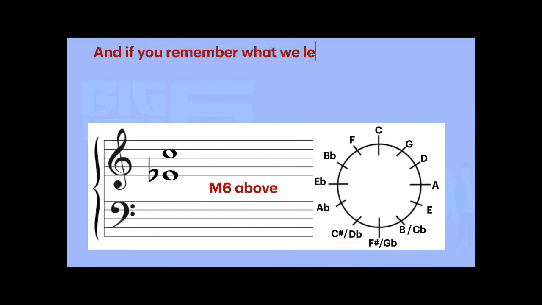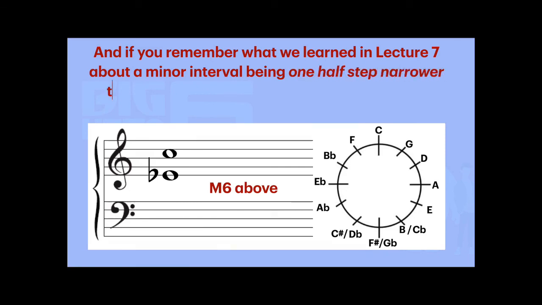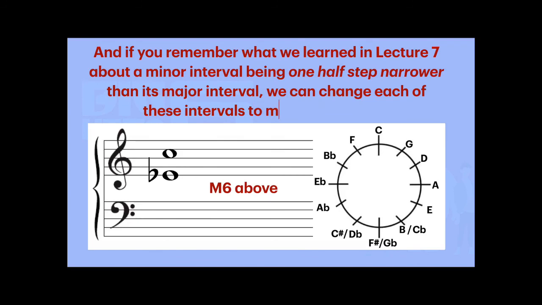And if you remember what we learned in Lecture 7 about a minor interval being 1 half step narrower than its major interval, we can change each of these intervals to make them minor. So we determined a C is a major sixth above E flat. However, what if we're trying to find instead a minor sixth above E flat?